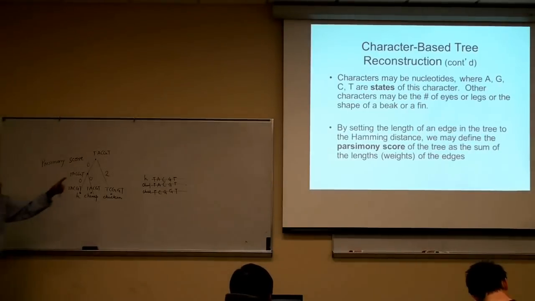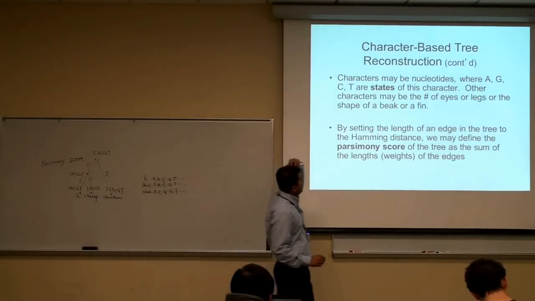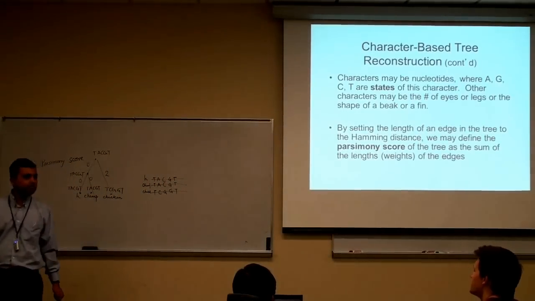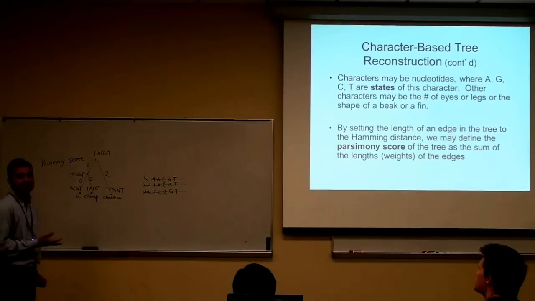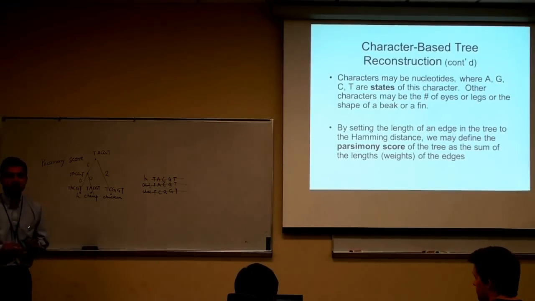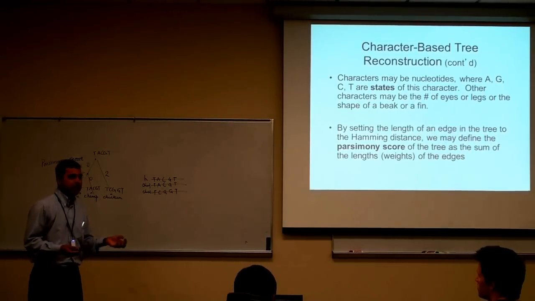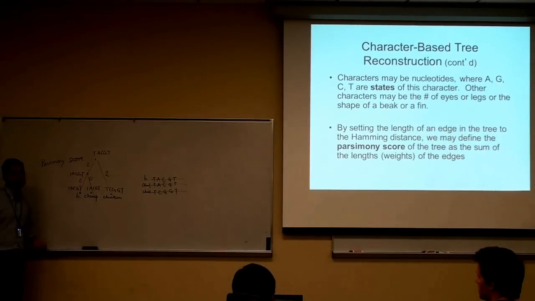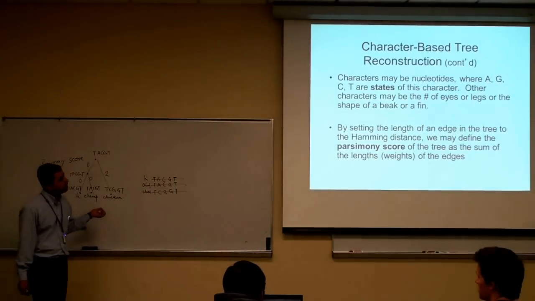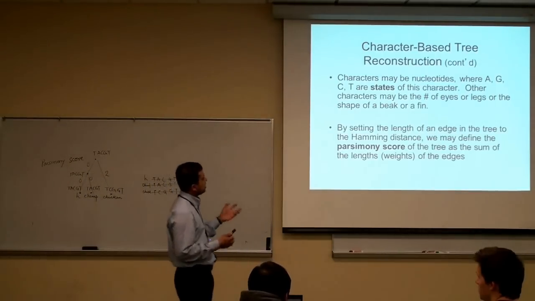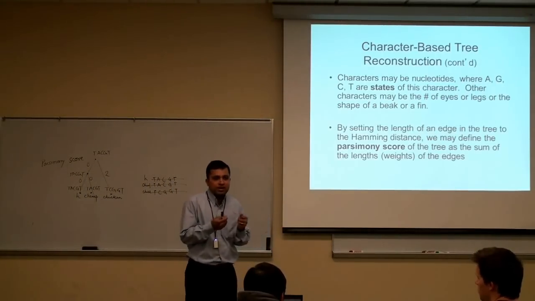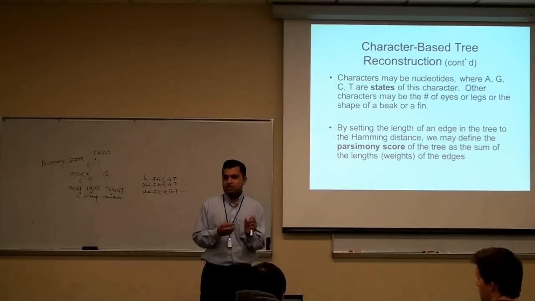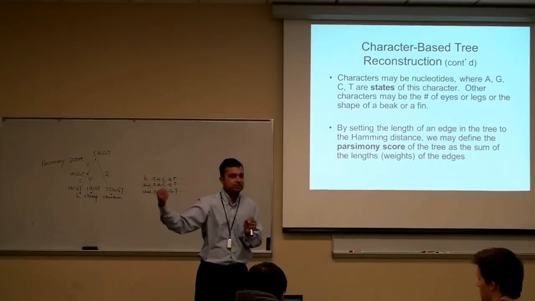And I should mention that here the sequences we are dealing with are nucleotide sequences. But the idea of taking the number of changes is fairly general. You can have other ways to describe these species as well: number of eyes or legs, or shape of a beak or fin, as long as you have some sort of a distance value for this character changing to that character.